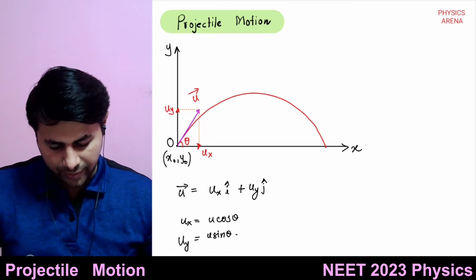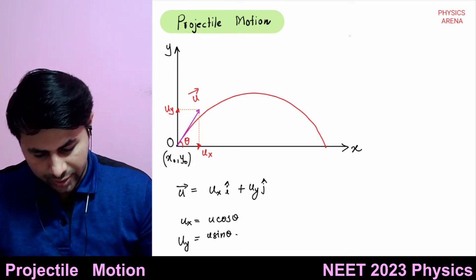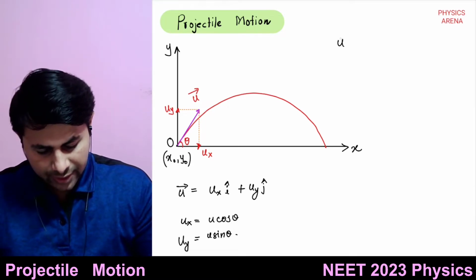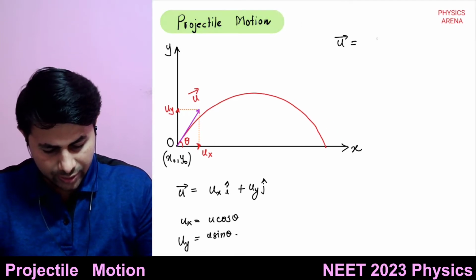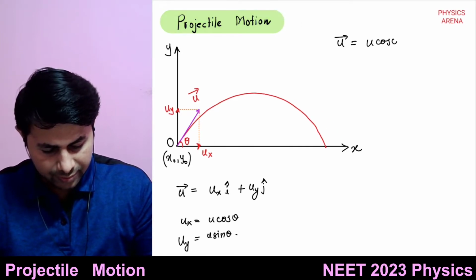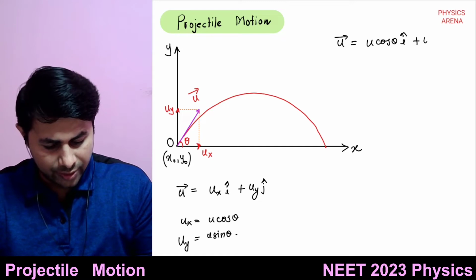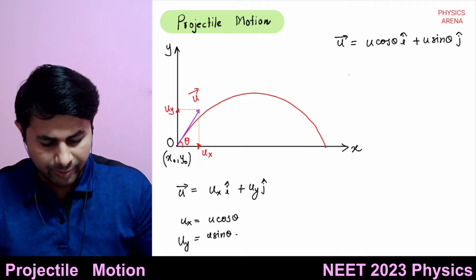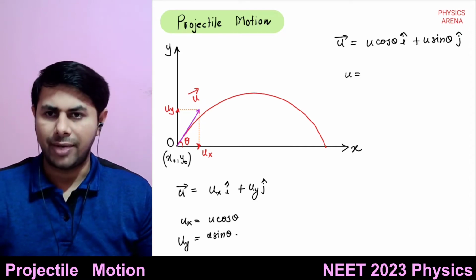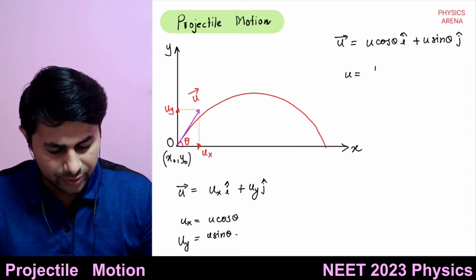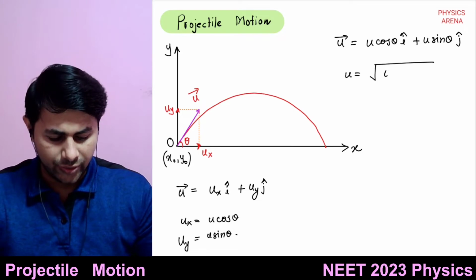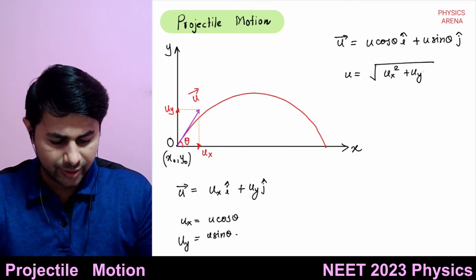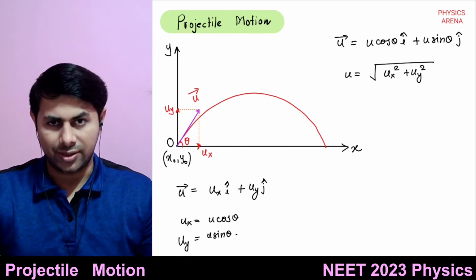So then you can write u bar is equal to u cos theta multiplied by i cap plus u sin theta multiplied by j cap. And the magnitude of u bar is equal to square root of ux square plus uy square. This we studied in vectors, right?